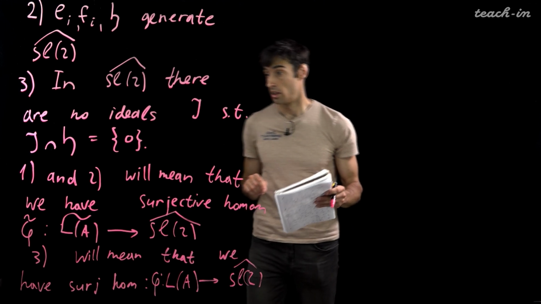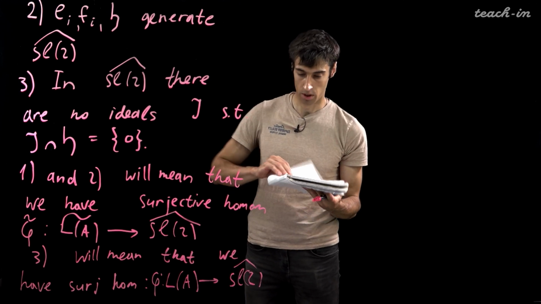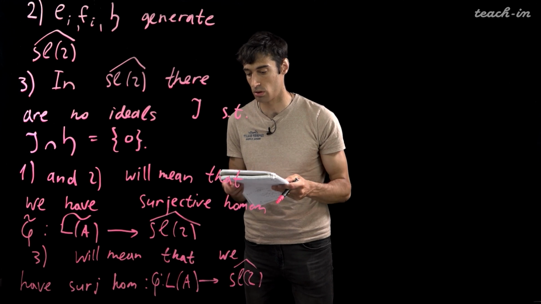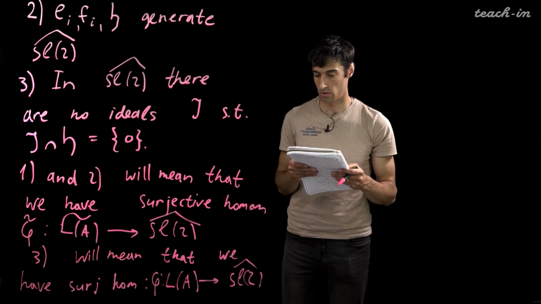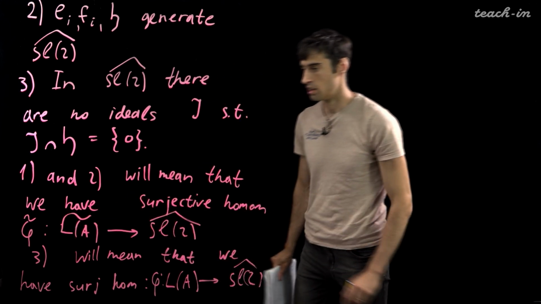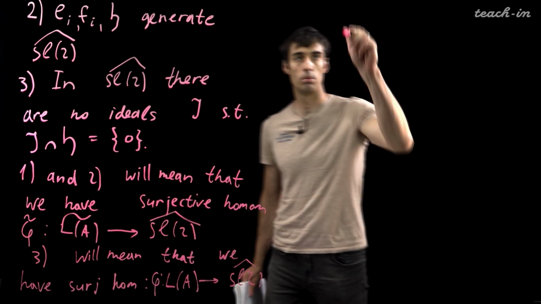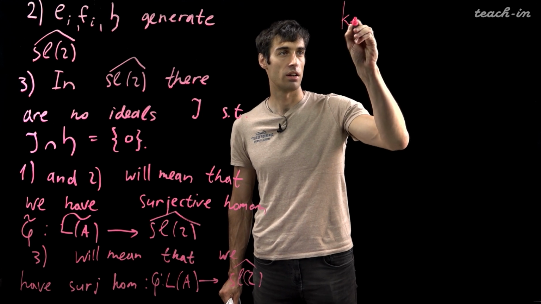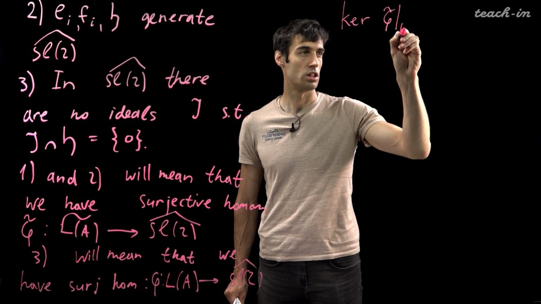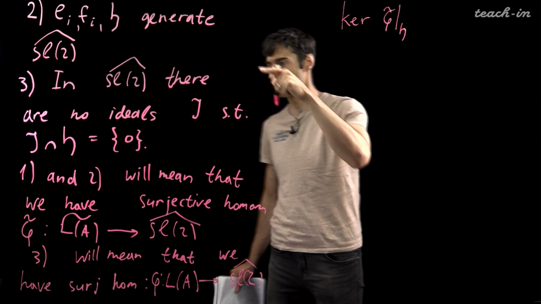But here, we can deduce easily, just from the construction of L of A, that the kernel of phi is 0. So first of all, let me first consider phi tilde. What's the kernel of phi tilde restricted to H? And this is H, not from SL2 hat.